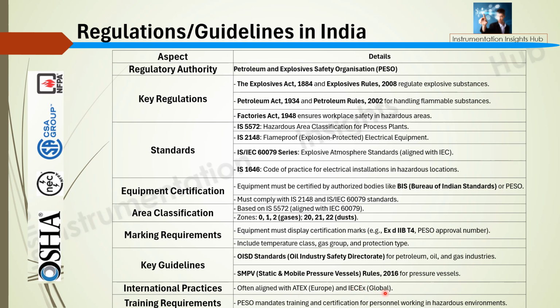This is widely used. IECEx and ATEX are European, and we have the PESO certificate. We have IS standards which are also derived from these two standards only, so this certification also works in India.